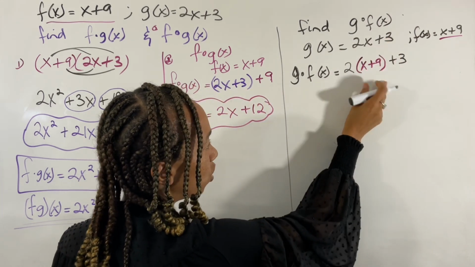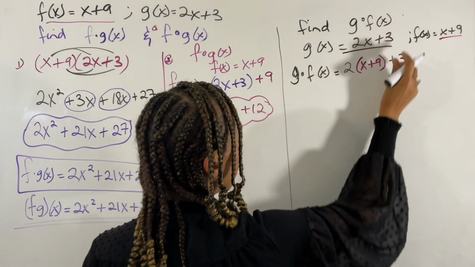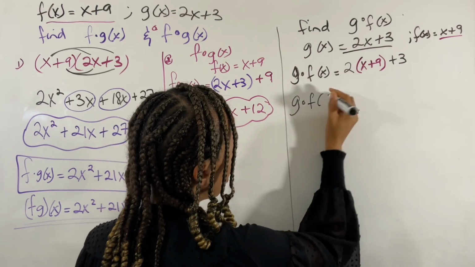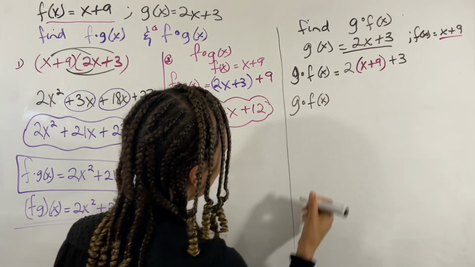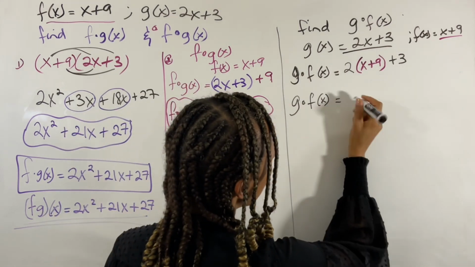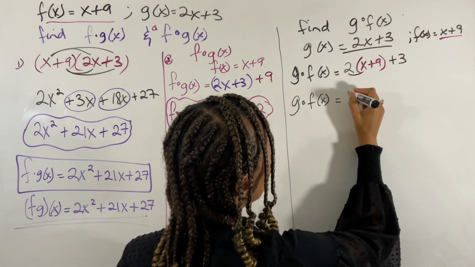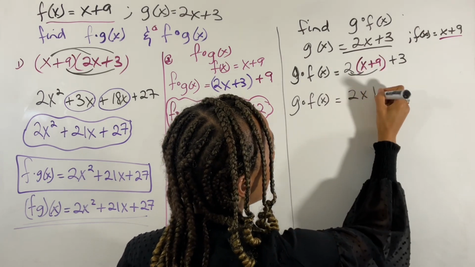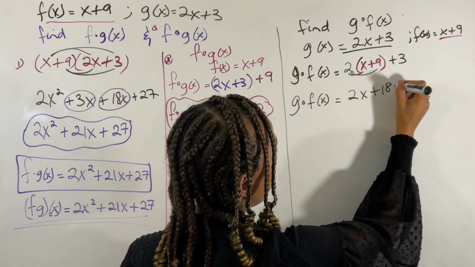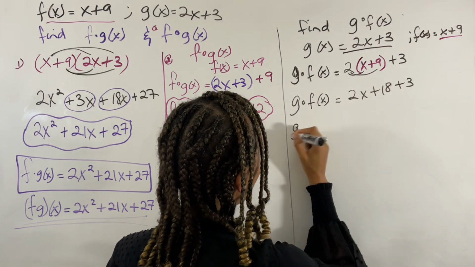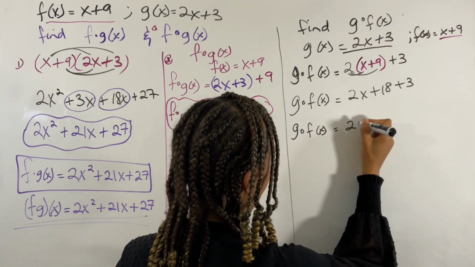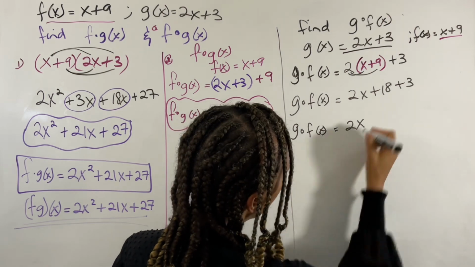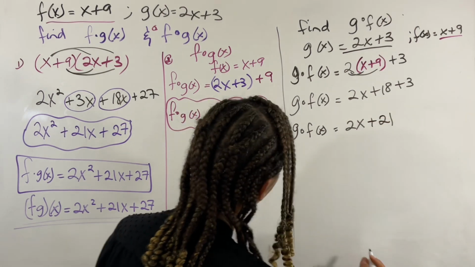So I'm just substituting. Notice the difference here, this versus this. So the composition of g of f of x is going to be, you have to use the distributive property, 2x plus 18, and then you have the plus 3. So the composition of g of f of x is going to be 2x plus 21.